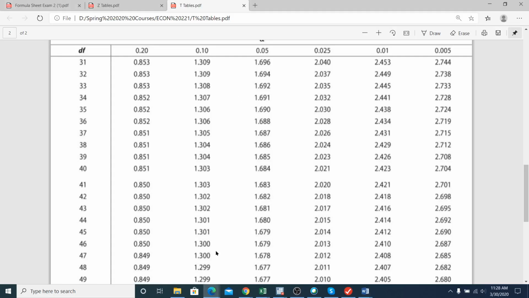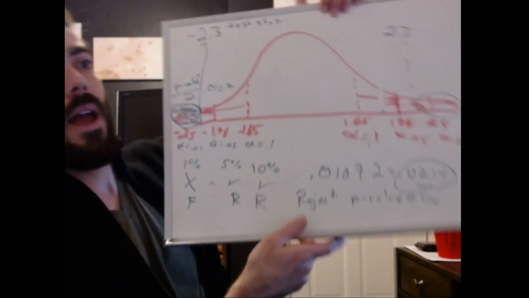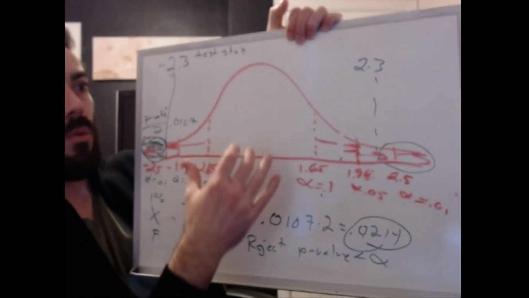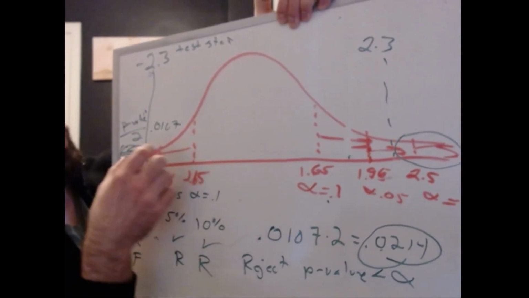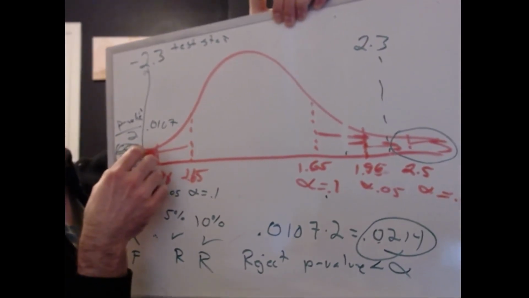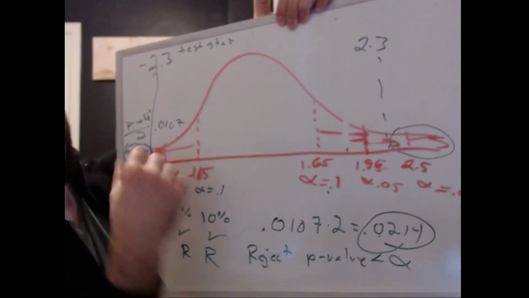So at 2.011, remember it's symmetric, so the area to the right of positive 2.011 is the area to the left of negative 2.011. That area is 0.025. But remember, the same principles still apply. It's a different distribution. The numbers will be different. But for a two-tailed test, I just found the area here was 0.025. I have two tails, right?